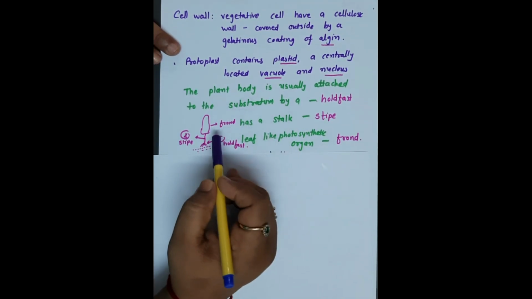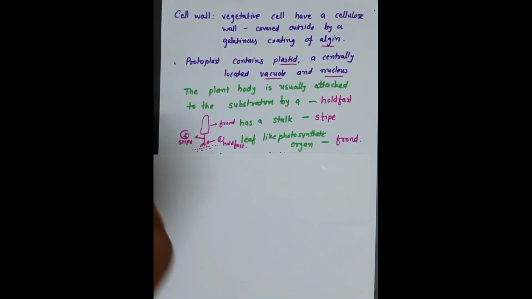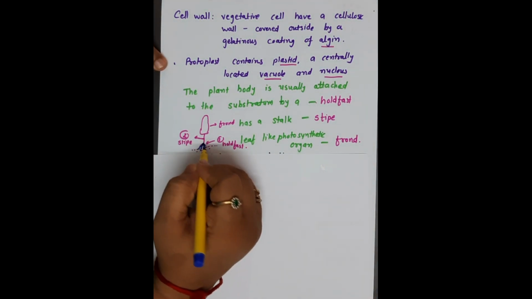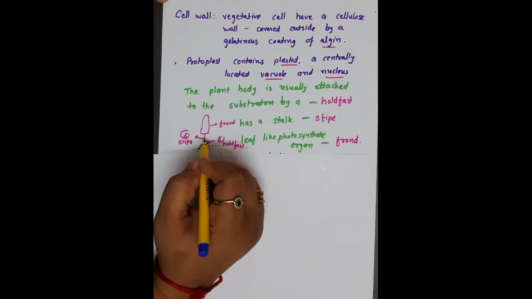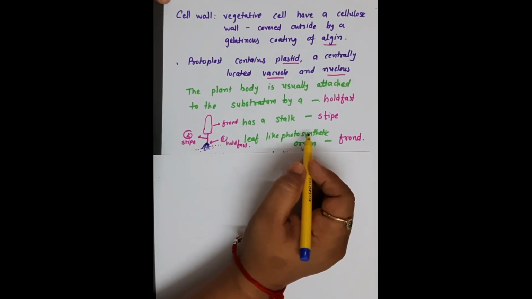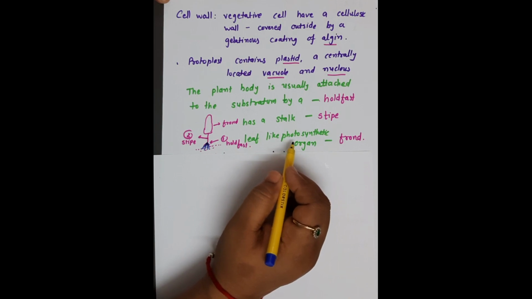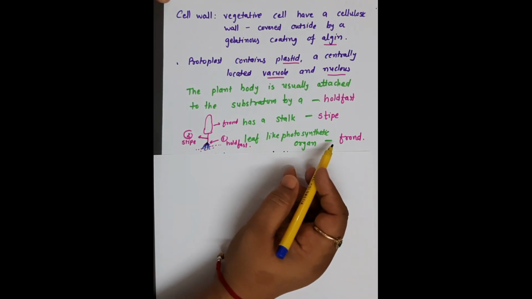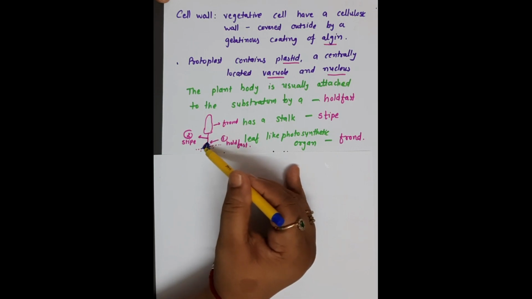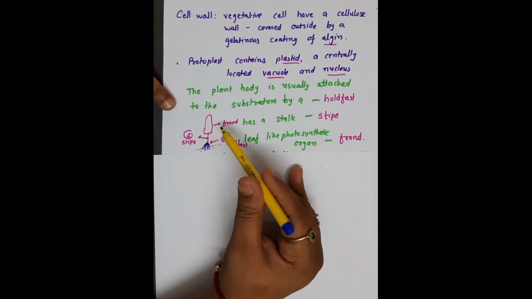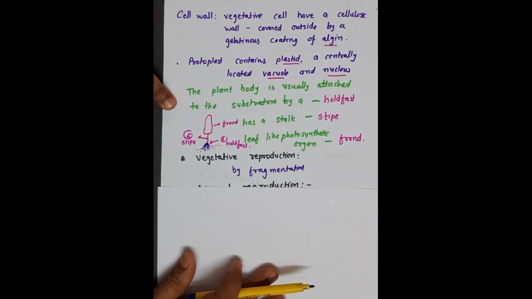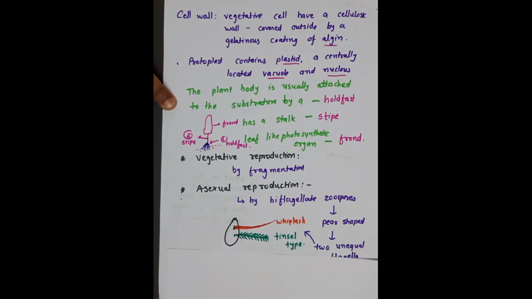You can see this below goes into the soil. Then there is a stalk known as a stipe, and leaves are not present, but a leaf-like photosynthetic organ is known as a frond. This is the root-like holdfast, the stipe, and the leaf-like organ which carries out photosynthesis, the frond.